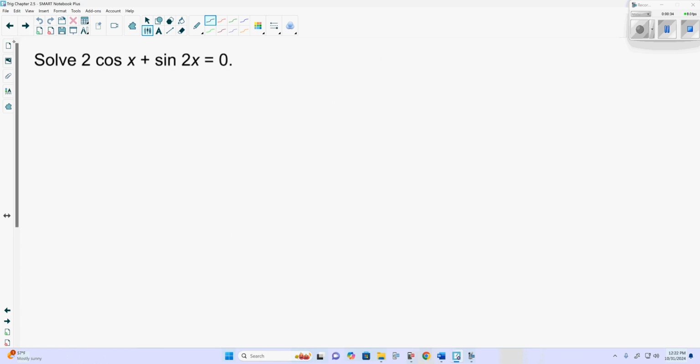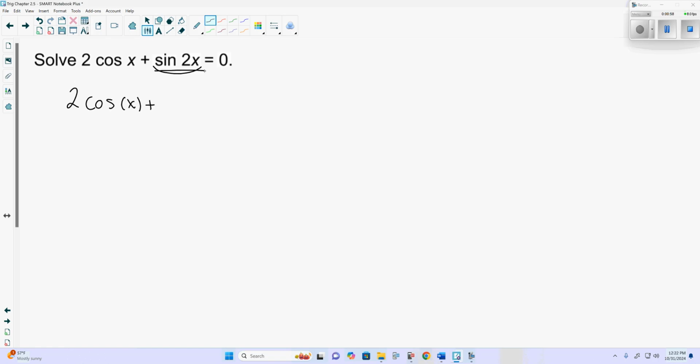So our first problem here, 2 cosine of x plus sine of 2x equals 0, is having us use the double angle formula, mainly because of sine of 2x. And also, we need to get this in terms of sine or cosine so that we can solve. Now, our first step, our 2 cosine of x is not going to change.